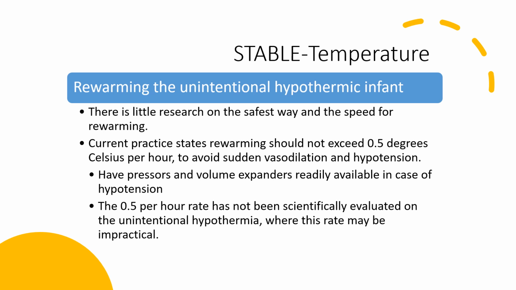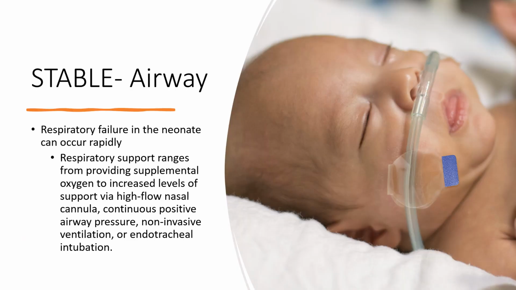As in, we need to warm this patient up or they're going to die. That is ideally what they would like, but it's not always possible, and there's not a lot of evidence behind it, and that is from their STABLE book. So there's that. Warm them up as best we can.